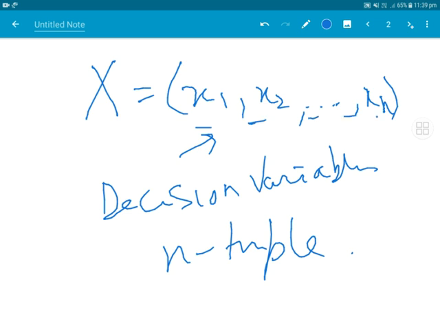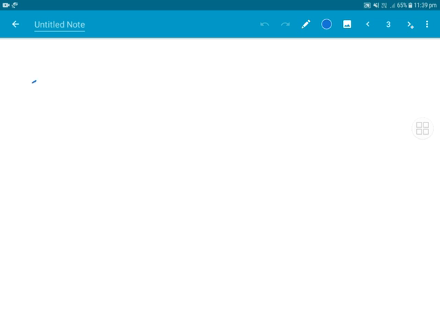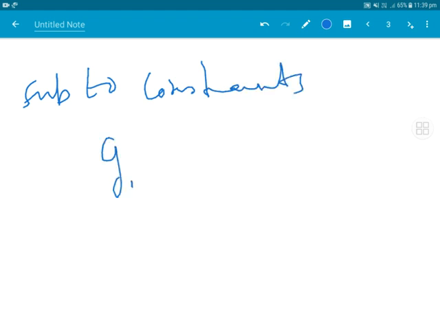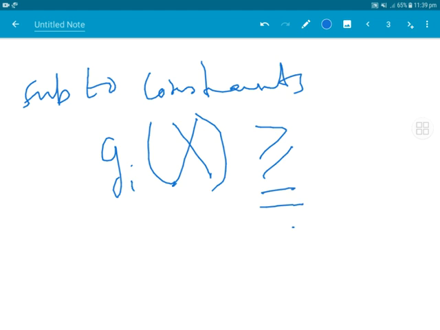Okay, and then along with this, what is said is subject to the constraints. And how are the constraints? g_i(x), either greater than or equal to, or you may put a specific sign like this also, no problem, some b_i. Actually, the RHS can be further modified, but I am not going there.